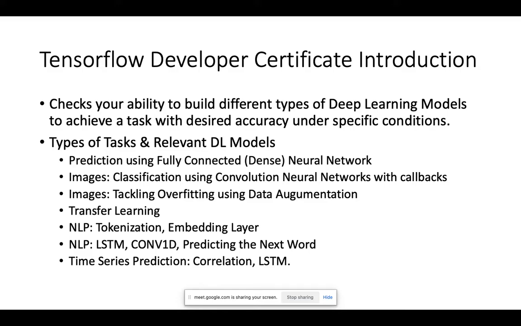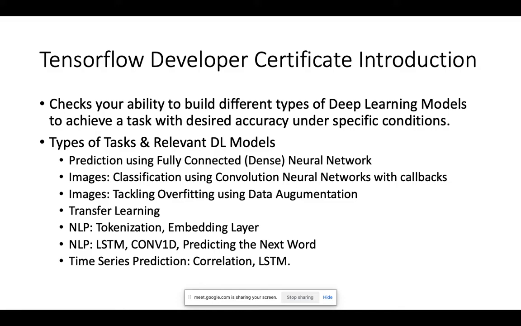There is a very famous technique called transfer learning. We need to know the theoretical concept of transfer learning and how we implement that. And within NLP there are various concepts like tokenization, and various layers like the embedding layer, and various neural networks like LSTMs, used to predict the next words. There are various concepts within NLP, so we should focus on that.